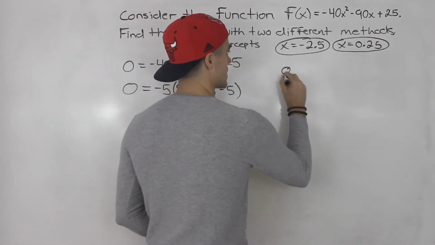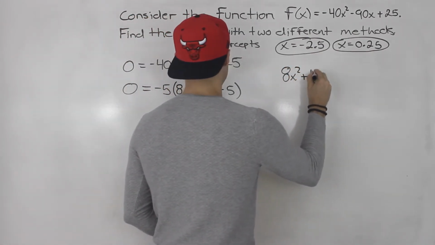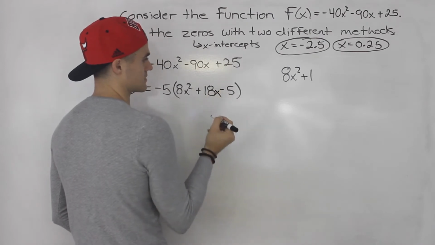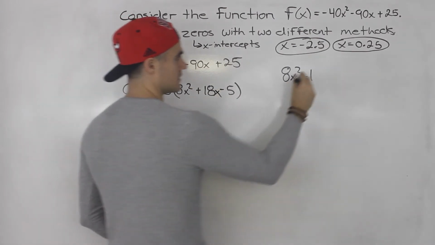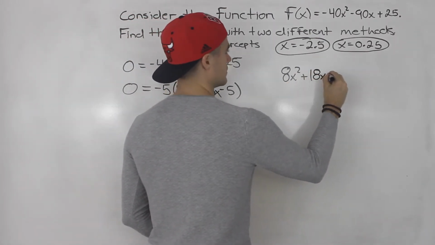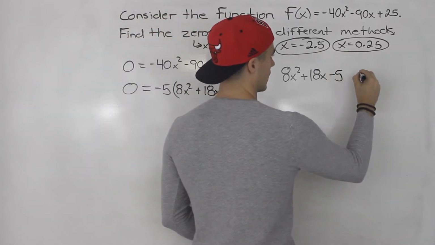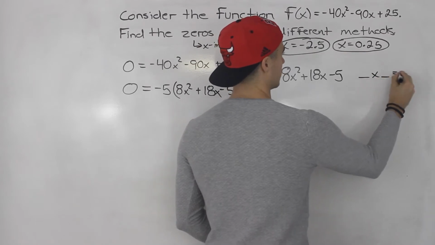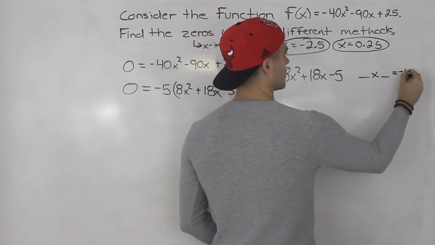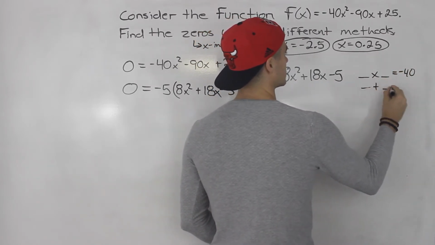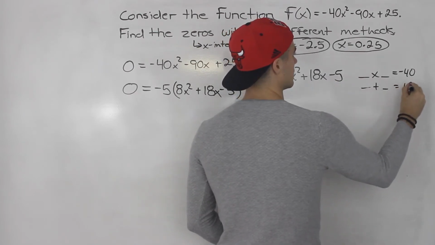So if we do that on the side, 8x squared plus, oh sorry, this should be 18x. My bad, I forgot the x there. So 18x minus 5. So two numbers that multiply, 8 times negative 5 is negative 40, and add up to positive 18.